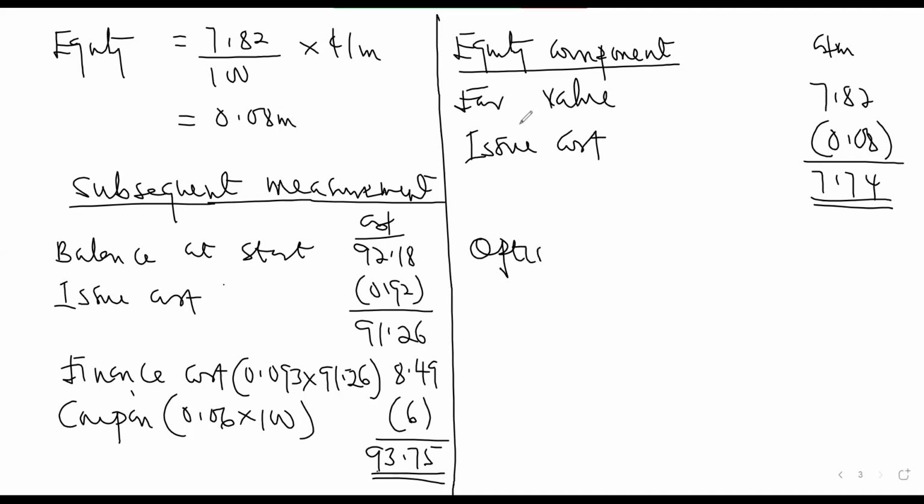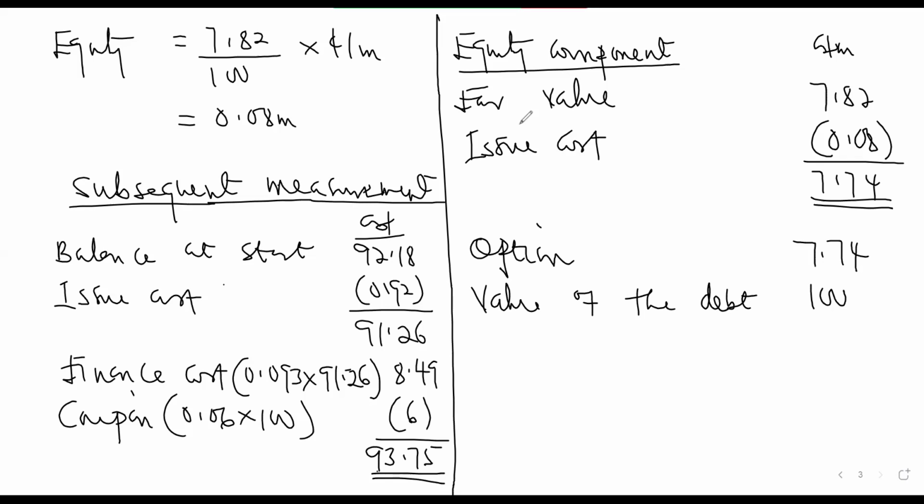This is not part of the question. We are done with this question. The option to convert is 7.74. Let's assume that at the end of the 3 years, the value of the debt is, let's say, 100.